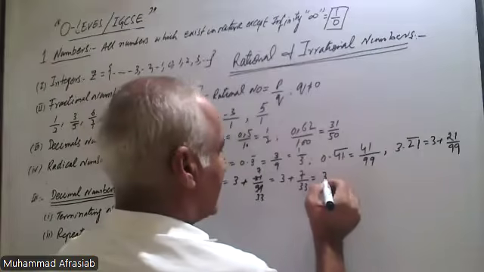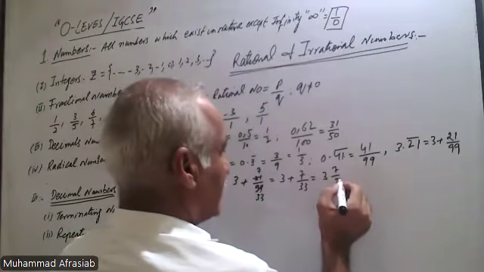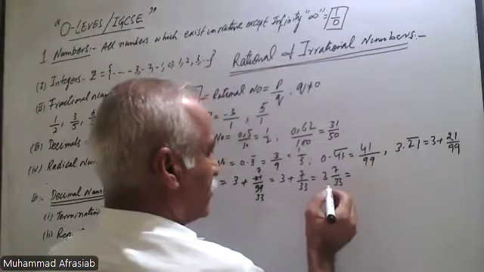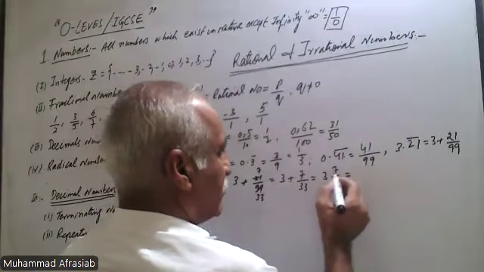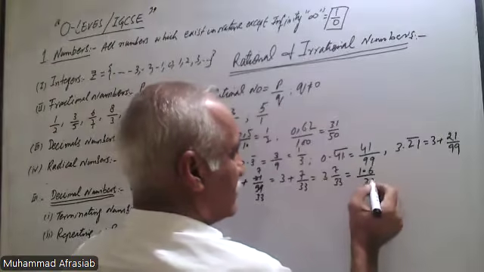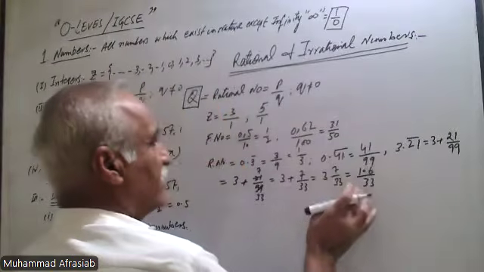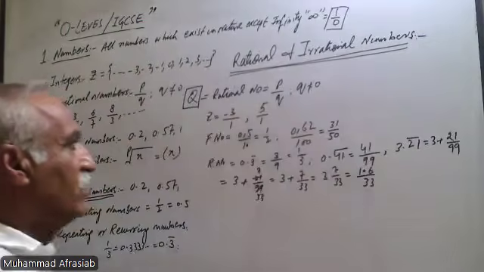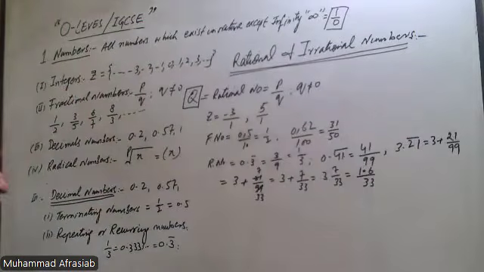This is written as 3 whole 7 over 33, which equals 106 over 33. So it is in the form of a fraction, and this is also called a rational number.